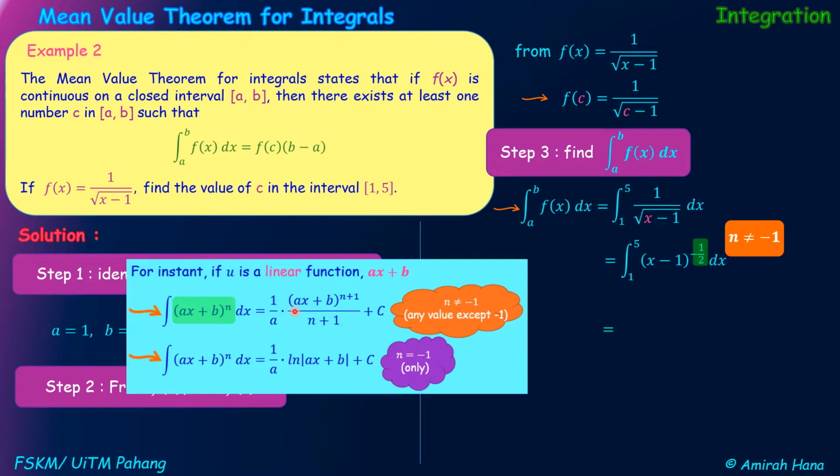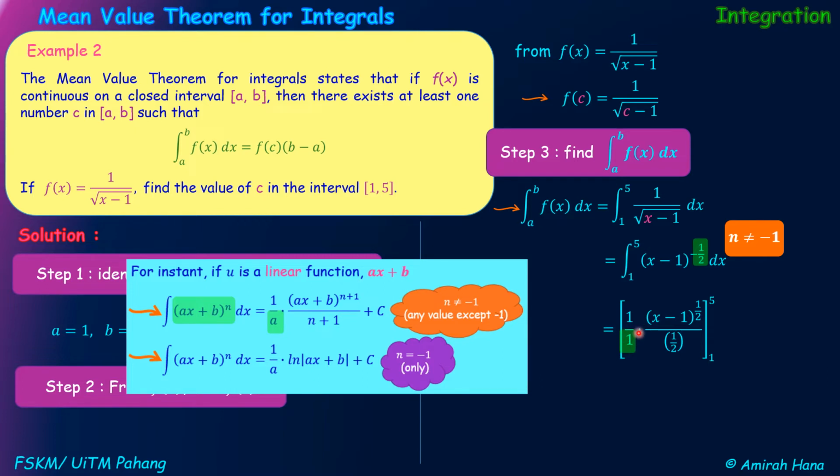So using this formula, after we integrate, there is no more integration sign, and we have 1 over 1. How do we get this? From 1 over a, where a means the coefficient of x, which here is 1. So that's why we get 1 over 1.